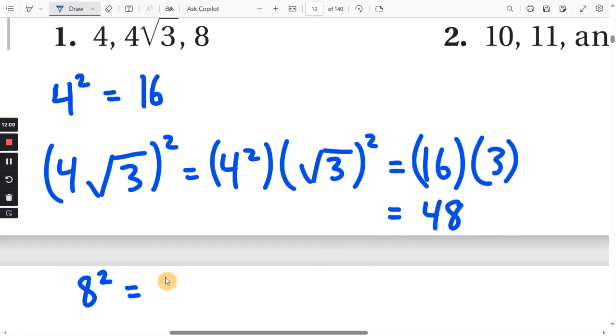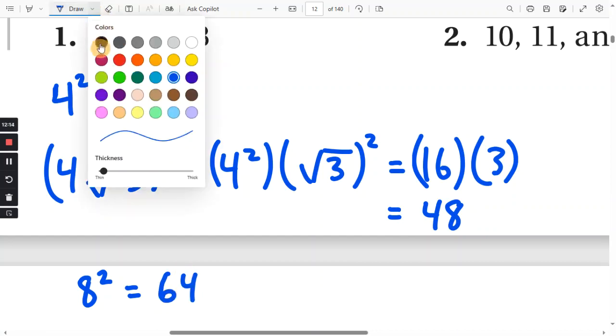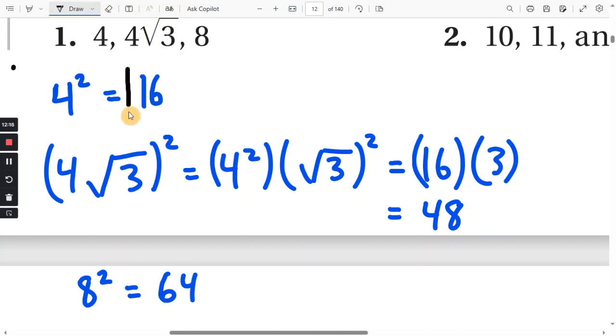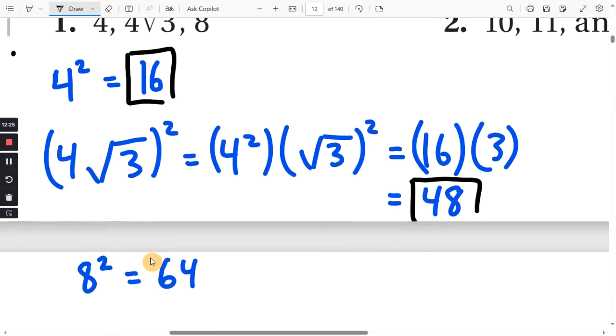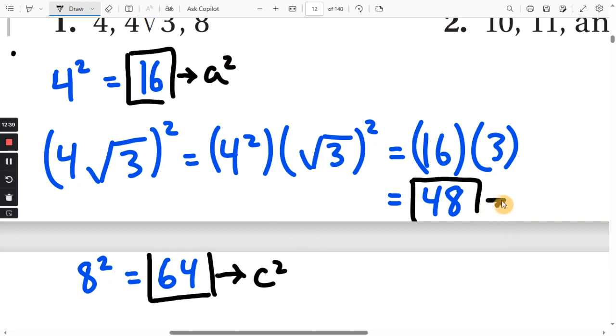And 8 squared is 64. All right, so we have 16, we have 48, and we have 64. Which one is the greatest? So which one is c squared? Very good. 64 is going to be c squared. A squared is 16 plus 48, which equals 64. A squared and b squared, it doesn't matter which is which.